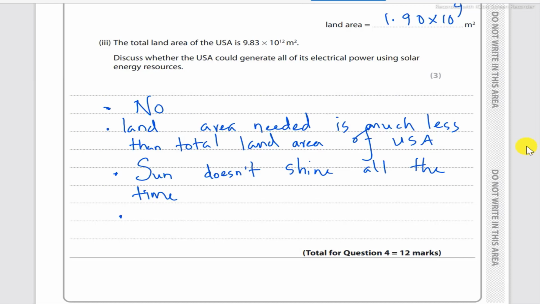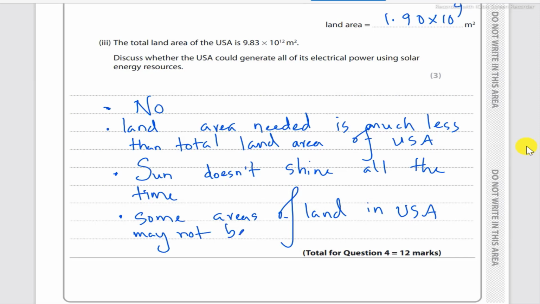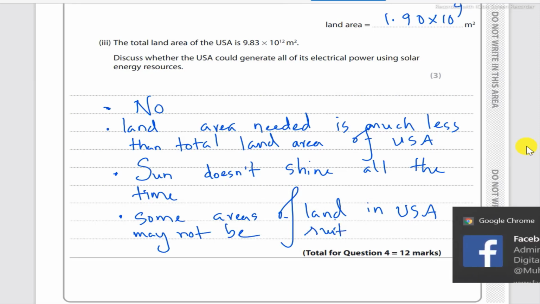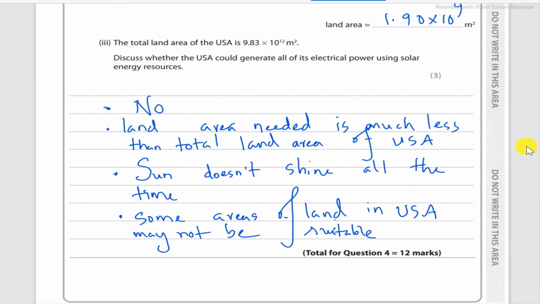Another reason, some areas of land in USA may not be suitable for solar power. So total land area of USA is 9.83 times 10 to the power 12.